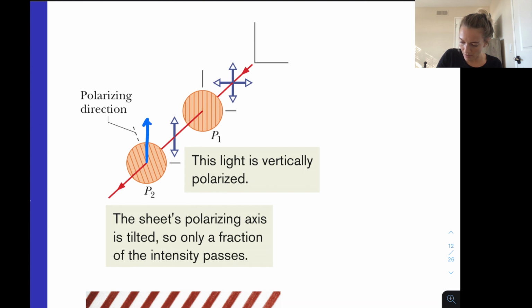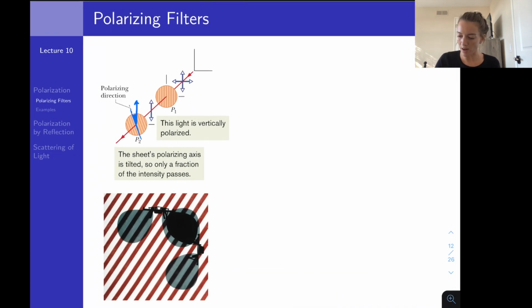The electromagnetic field was this way, and then these are polarized in this direction. So for this angle here, you take the intensity of this light times the cosine squared of that angle, and that will give you the new intensity that comes out of the two polarizers at the end.